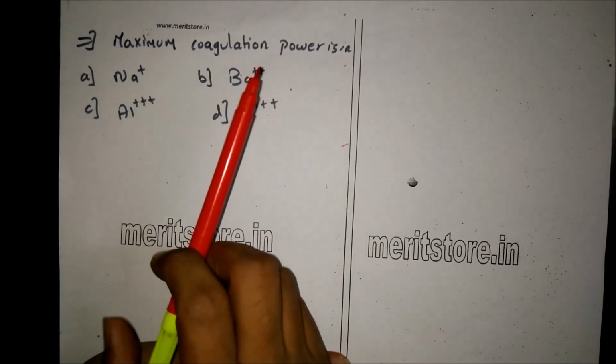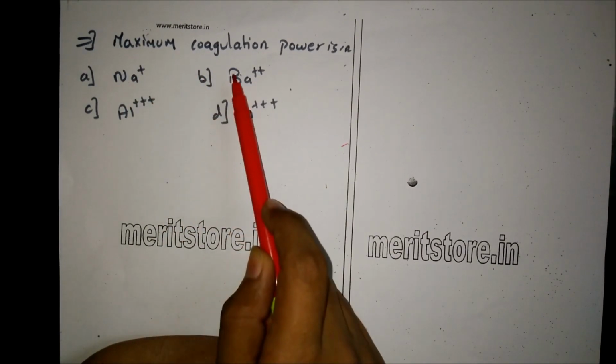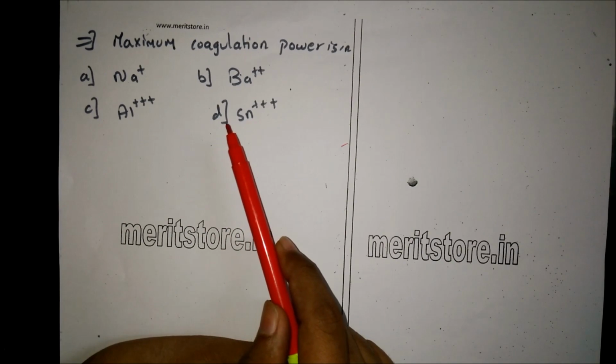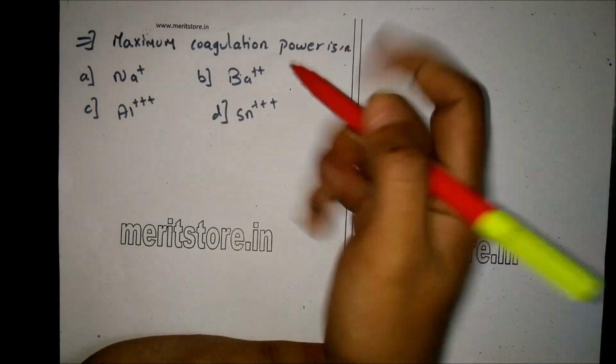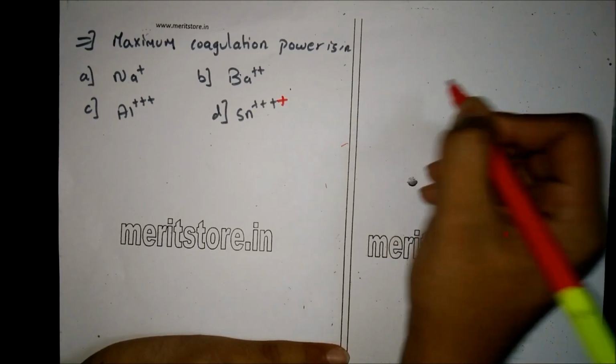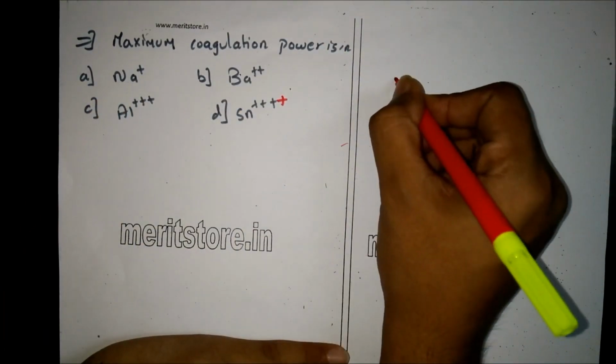Now, maximum coagulation power is in A. Na+, B. Ba++, C. Al+++, and D. Sn++++. Now, what is the relation between the coagulation power and the number of charges on the ion?